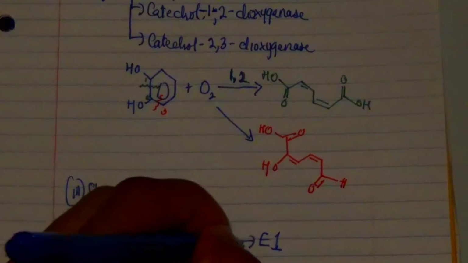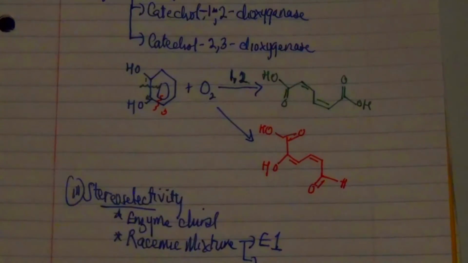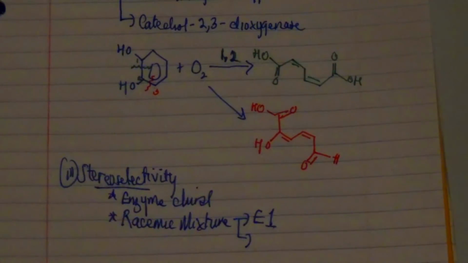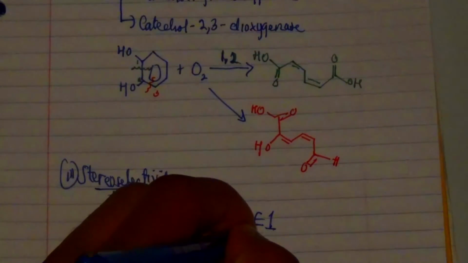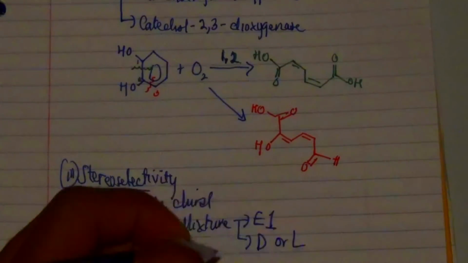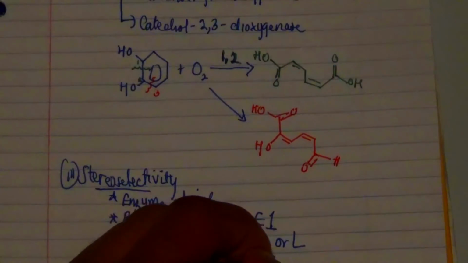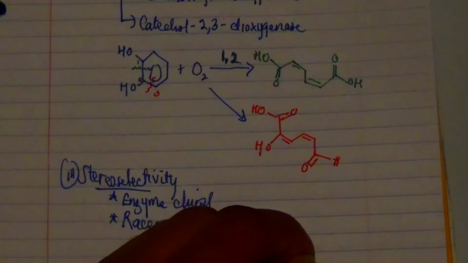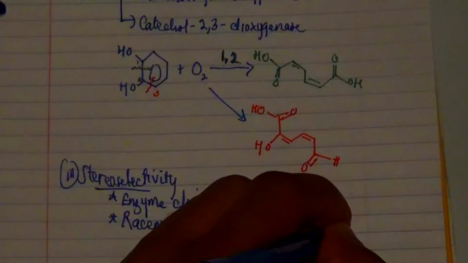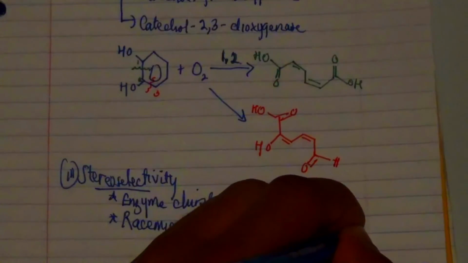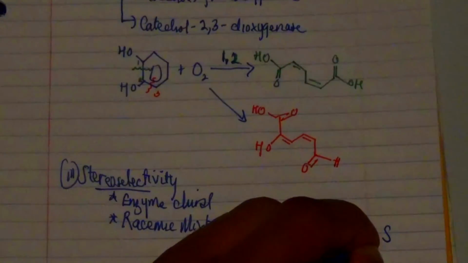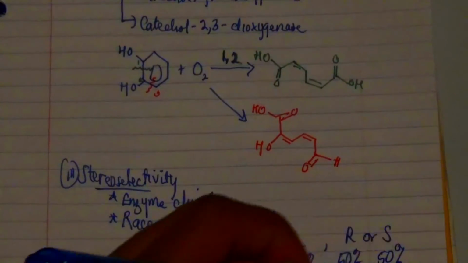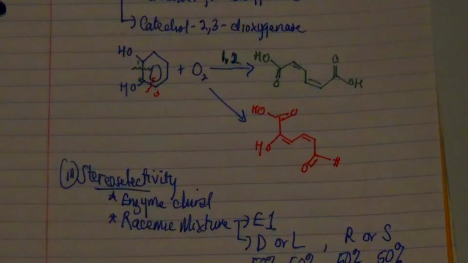It means that you make 2 products that have a stereocenter that is opposite from each other, either in the Fischer projection where we have our D or L, with 50% being made of one and 50% of the other, or we have our R and S, with 50% being made of one and 50% of the other. Really hard to actually separate these 2 enantiomers.